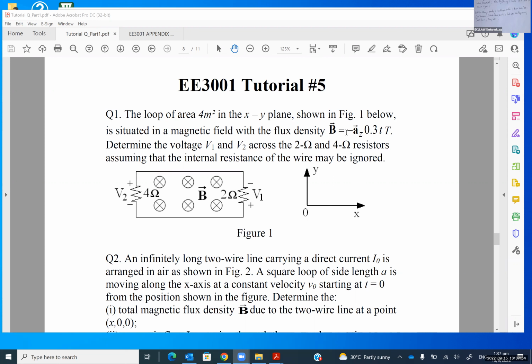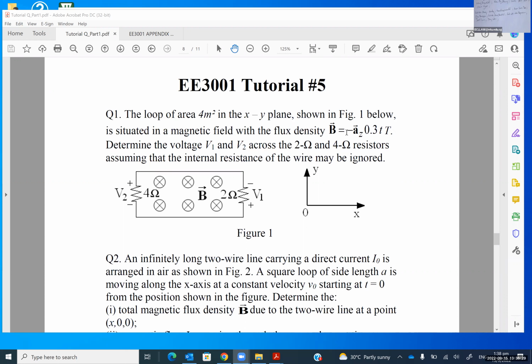Now, magnetic flux. What is magnetic flux? It is magnetic flux density multiplied by area. Multiplied by area. Okay, so that's a keyword. So if you want to visualize magnetic flux rather than magnetic flux density, you have to think about the area.